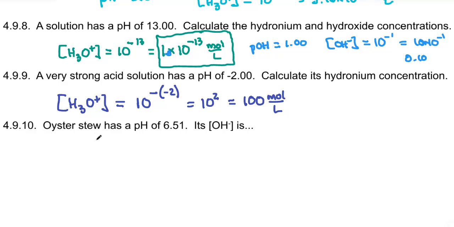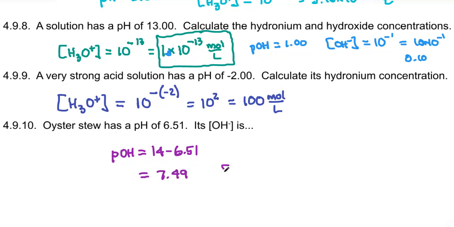And finally, oyster stew has a very slightly acidic pH, like a lot of food. They want its OH concentration. Well, this is about acid and this is about base, so we need to make a switch. We can find the pOH of this stew because the pOH is 14 minus 6.51, which is 7.49.